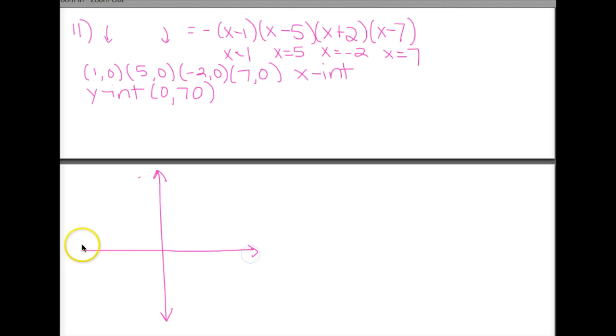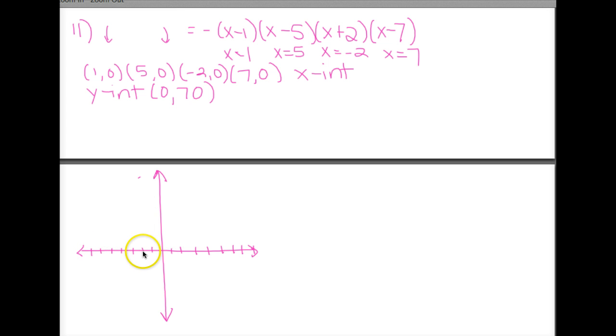Okay. So when I go to draw my graph, I need accurate x-intercepts. And remember that you only have to list the scale if you're choosing something other than 1. I've already listed my x-intercepts. If you don't have them listed, then you would need to actually label them on the picture.